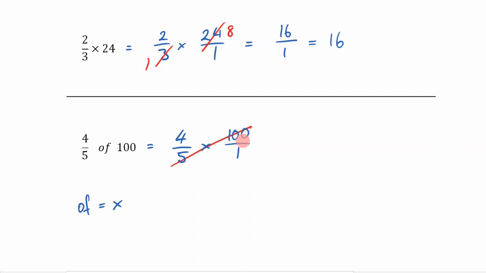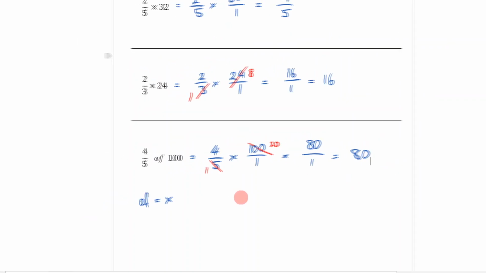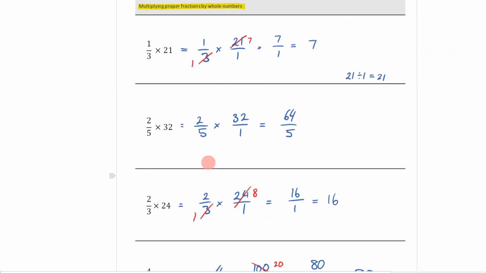And I can simplify this way. So I can go 5 divided by 5 is 1, and 100 divided by 5 is 20. And now, once I've done that, I multiply across. 4 times 20 is 80. 1 times 1 is 1. It's going to be 80. Perfect. So that is how you multiply whole numbers and fractions together.